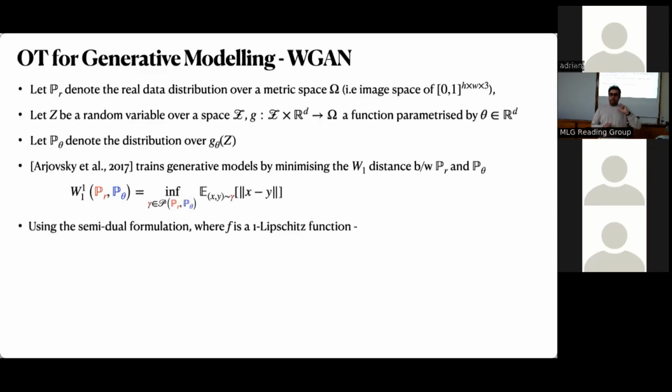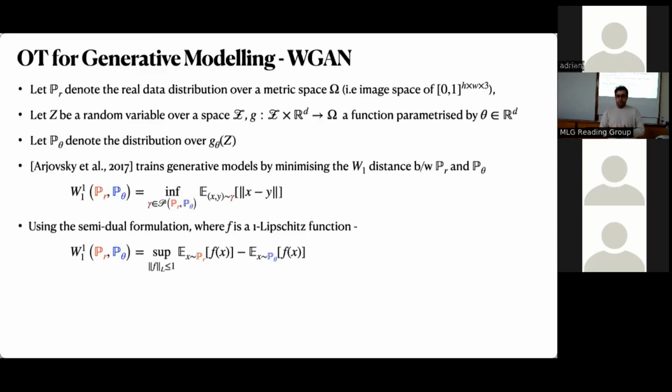As long as f is a 1-Lipschitz function, the conjugate of f is minus f. And so this problem simplifies, in the dual formulation, to finding the specific function f that is 1-Lipschitz and maximizes the expectation of f with respect to your real data distribution minus the expectation of f with respect to your generated data distribution.